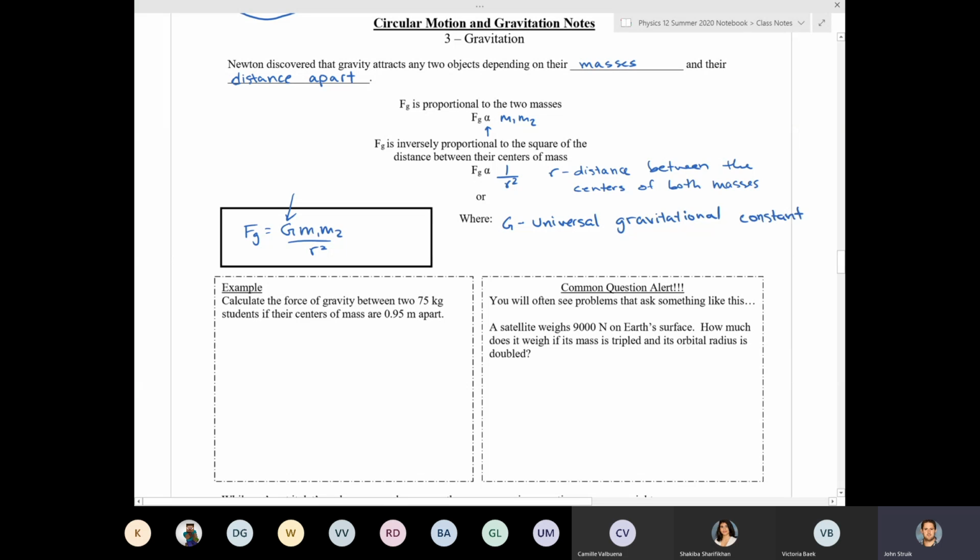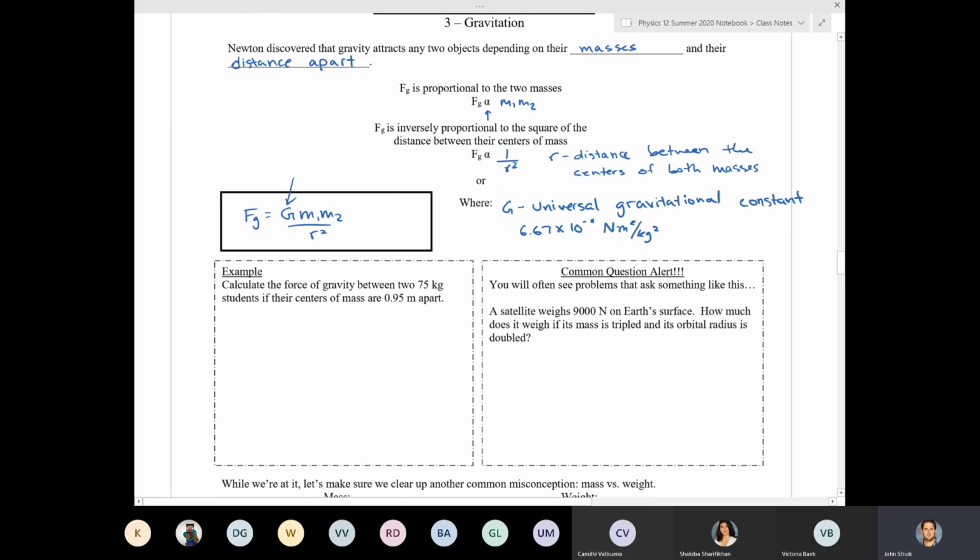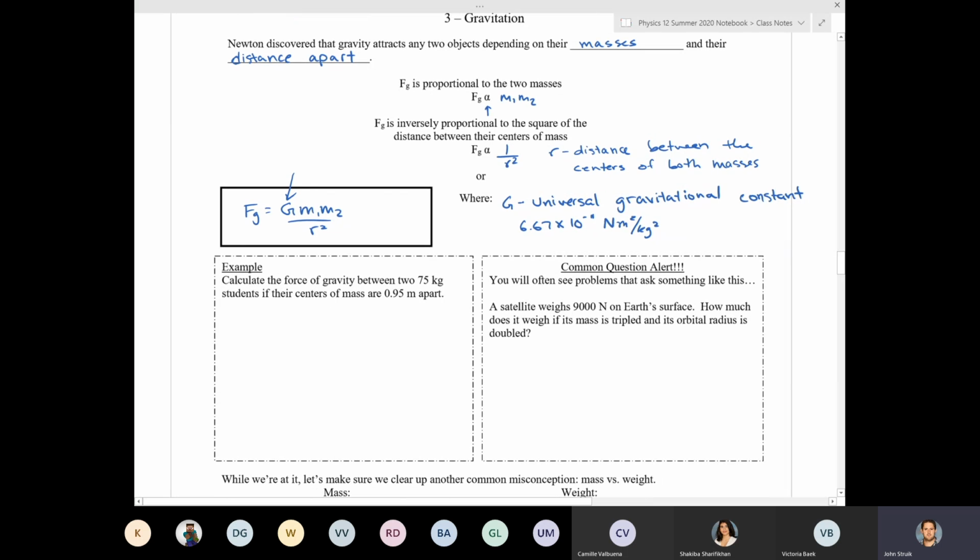The value of it is 6.67 times 10 to the negative 11 newton meters squared per kilogram squared, I believe. It's on your formula sheet. I don't know who figured out this constant, but it just works. That's how we figure it out.